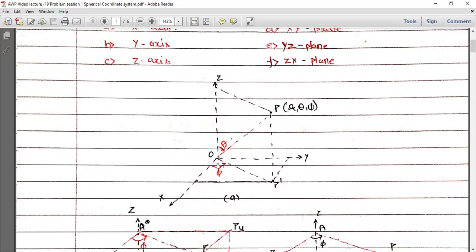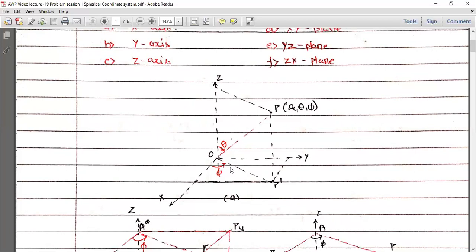Okay, keep this thing in mind. The angle between OP dash and positive x-axis in anti-clockwise direction, when you are viewing from top direction, or you are viewing from upward. Suppose you are available on z axis. When you are viewing this angle should be measured in anti-clockwise direction. This angle is known as the third angle phi.